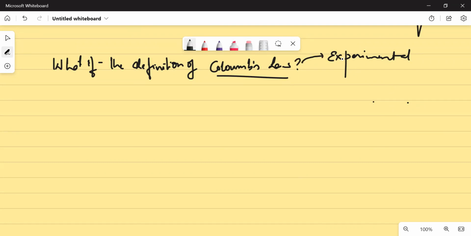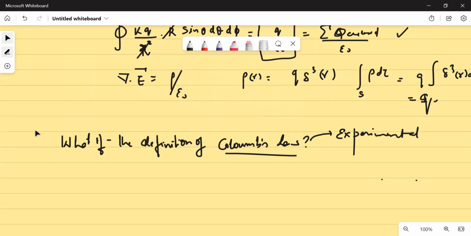And if at all it follows the inverse square law, you can expect something called Gauss law. See, I told you above also.